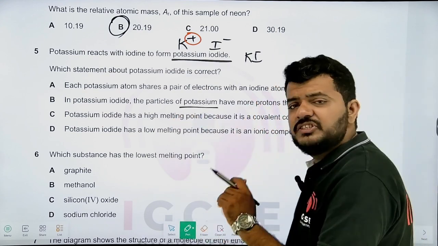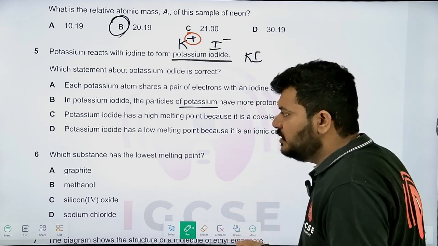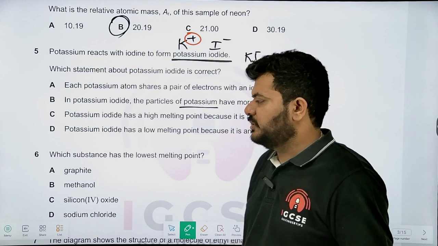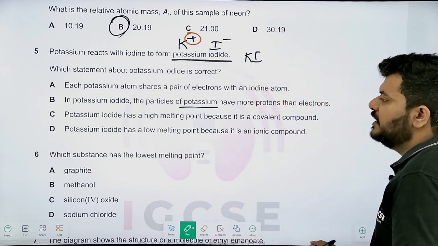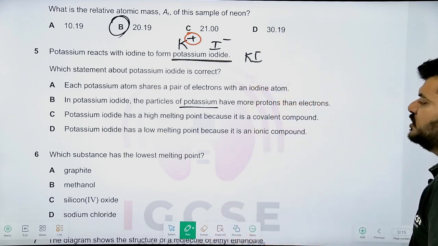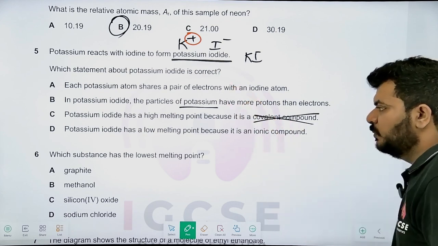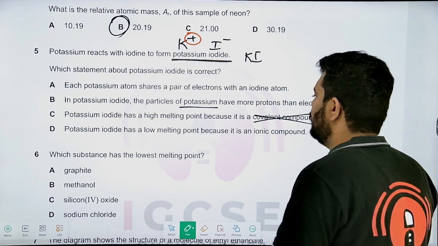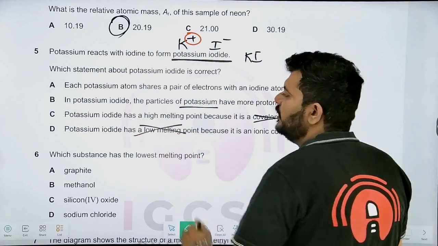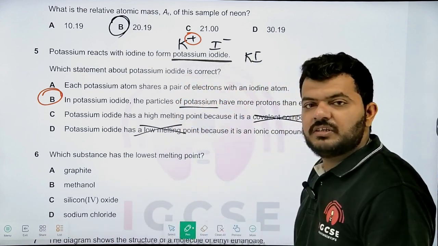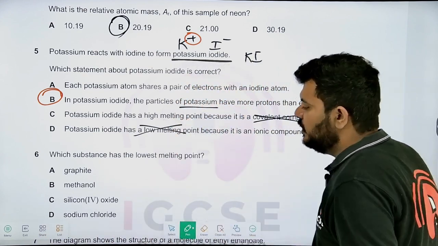I think this is the correct answer, but as a general way of answering MCQ, you should read all the options. So potassium iodide has a high melting point because it is a covalent compound? No, we just discussed it is an ionic compound. Potassium iodide has a low melting point because it does not have a low melting point, right? So in fact, B is the correct answer, but it doesn't hurt to just go through other options.